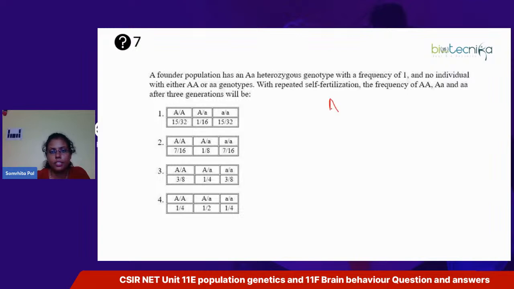Because when you cross heterozygous individuals, you get one fourth homozygous dominant, half heterozygous, and one fourth homozygous recessive. So with every round of selfing, there is a reduction of your heterozygosity by 50%.